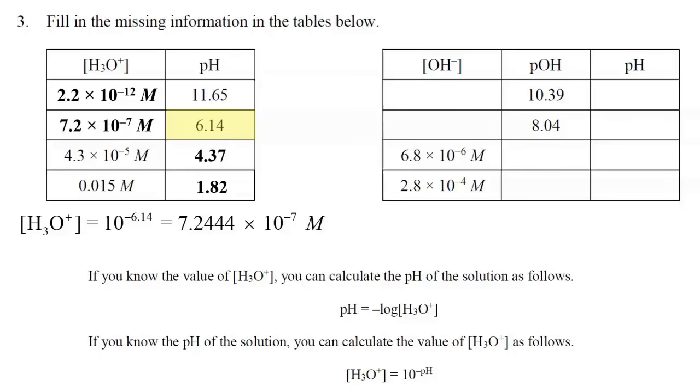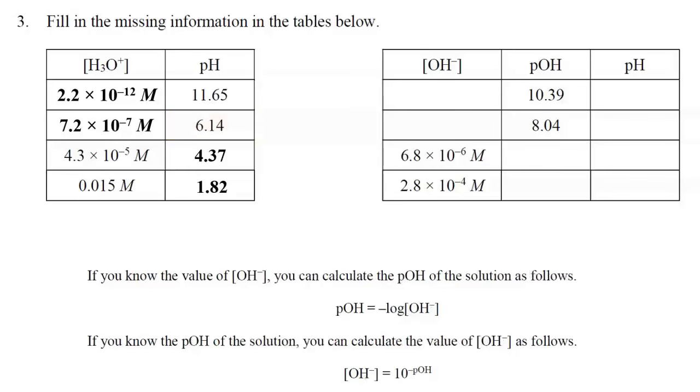Now let's switch over to the table on the right. Remember that if you know the value for the concentration of hydroxide, then you calculate the pOH of the solution by taking the negative log of that concentration. So I see a concentration of hydroxide of 6.8 times 10 to the negative 6 moles per liter. I'll take the negative log of that number, and I get 5.1675.